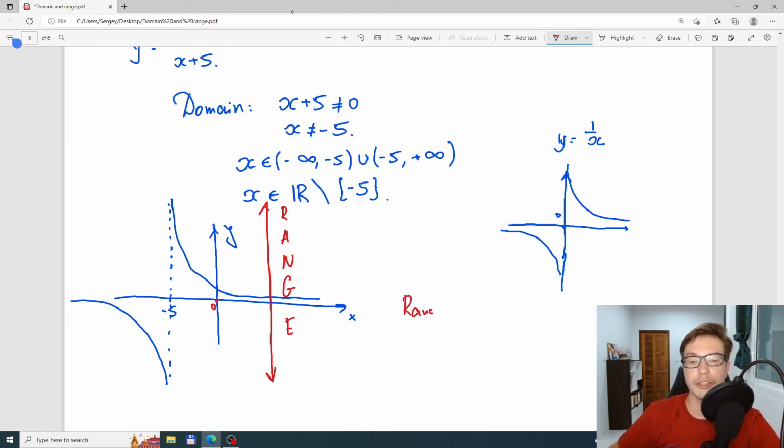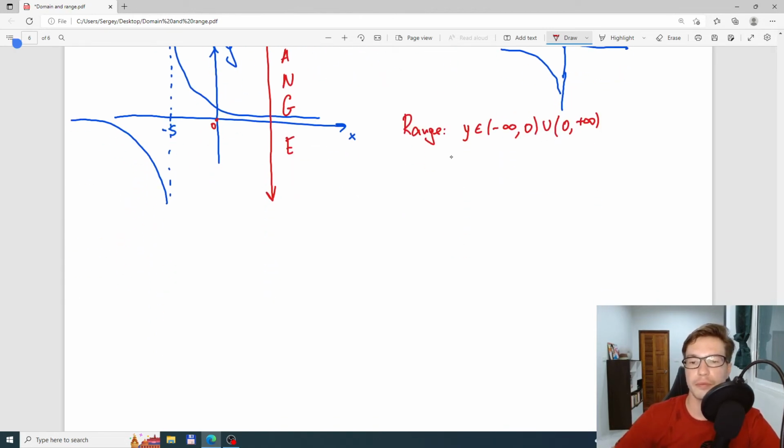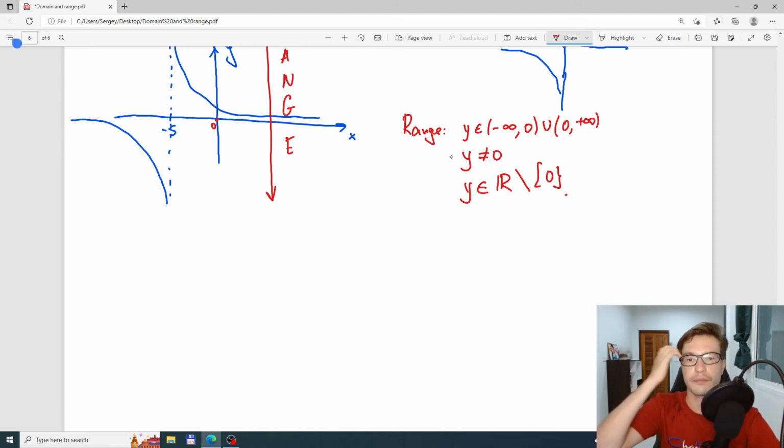So we'll say that the range is y belongs to -infinity to 0, union 0 to positive infinity, or we could write it as y is not equal to 0, or if you prefer this way, y is any real number except 0. And that was our last example for today.